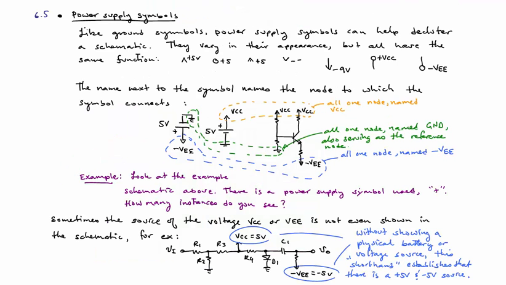Just like we have ground reference symbols, we also have power supply symbols. So here are some power supply symbols: an arrow, a circle, and another. Sometimes two.